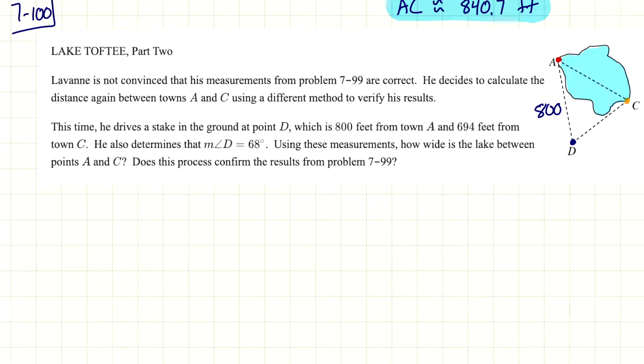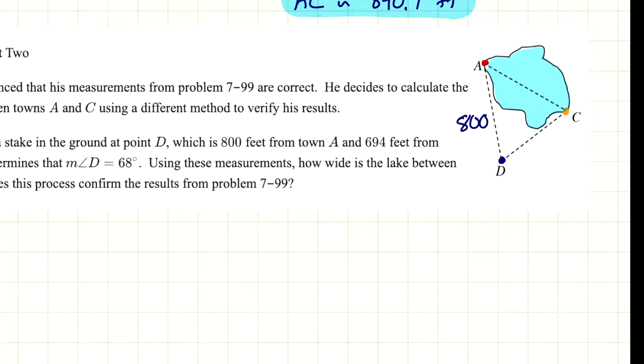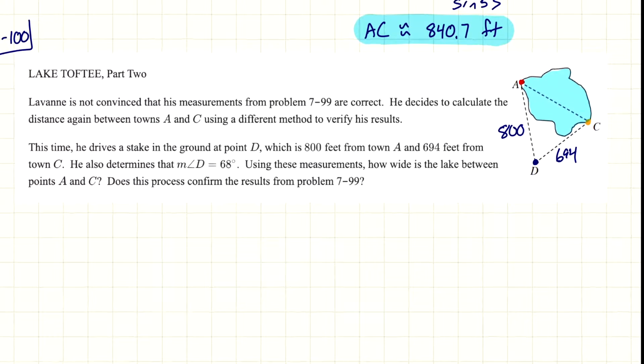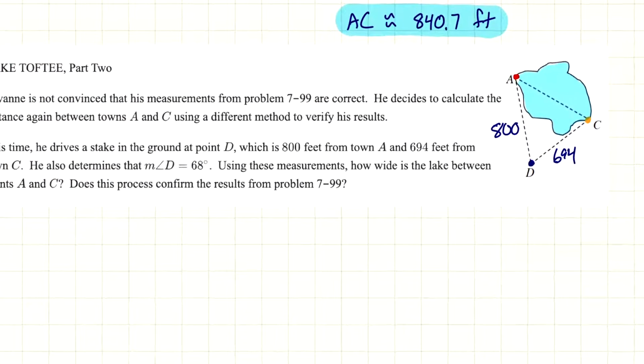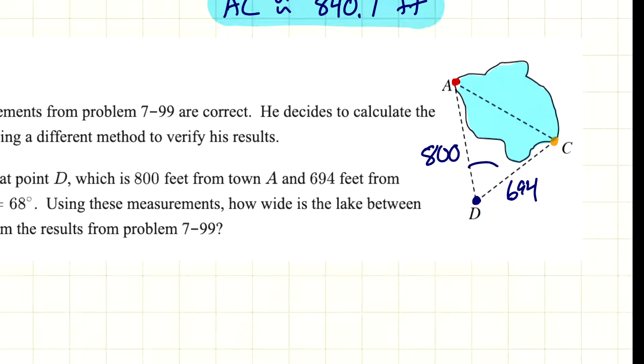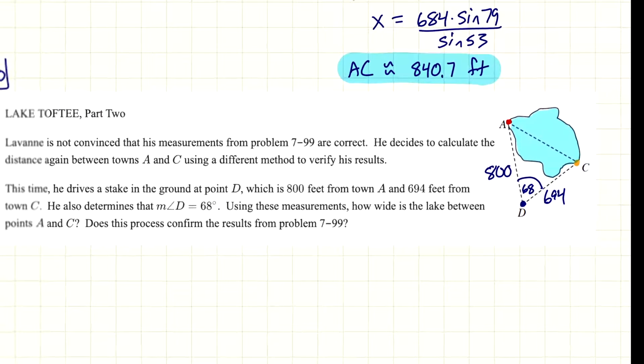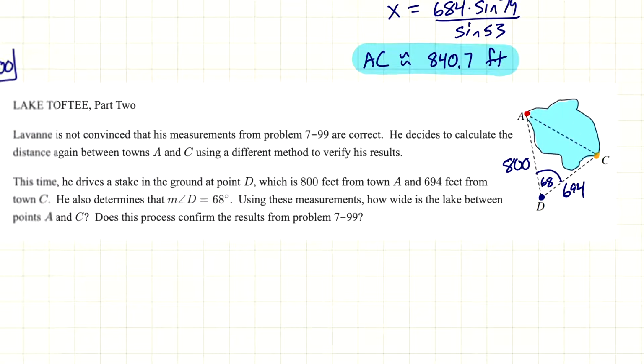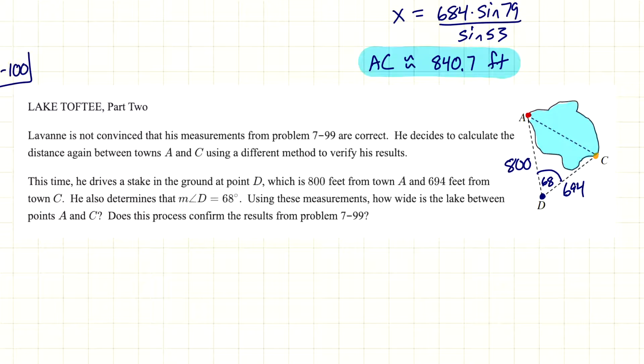And 694 feet from town C. All right, so now we have another measurement, 694. We have two sides now. He also determines angle D is 68 degrees. All right, so now we have an angle measurement, 68 degrees. All right, so now using these measurements, how wide is the lake between points A and C? All right, so does this give us the same answer?